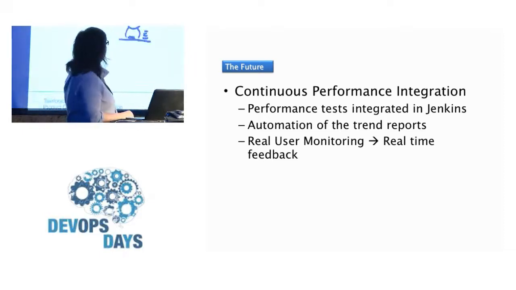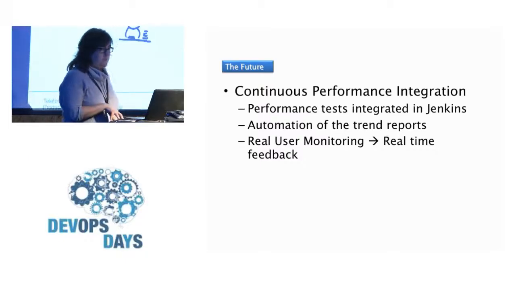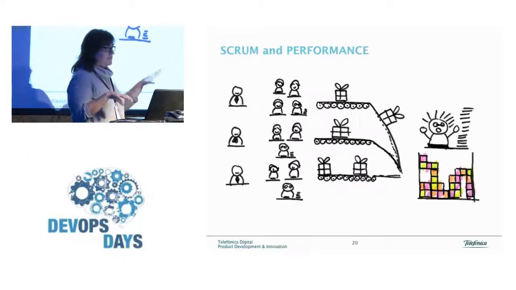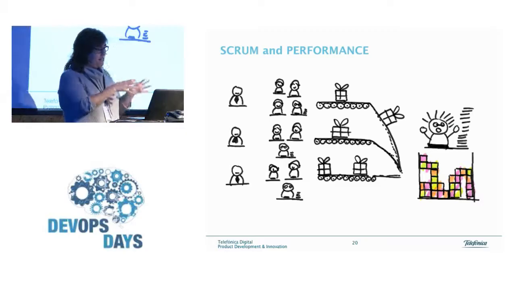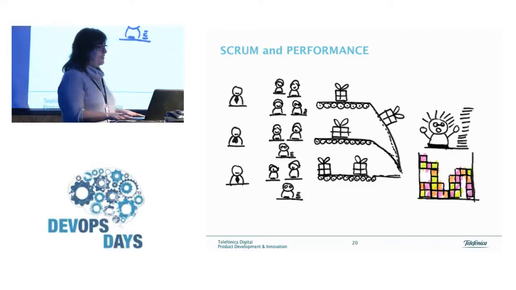And we can make use of it to benefit the performance. And of course, I'm talking in a Scrum or Agile environment, where we have all these little teams delivering little packages of code, and there's usually only one or two people with expertise in performance.